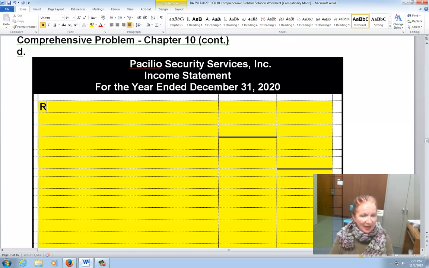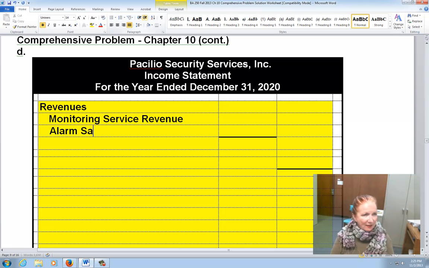So the first one we're going to have is revenues, and we'll put that in. And then we're going to indent, and we're going to have our two revenue accounts, which is monitoring service revenue, and indent alarm sales.